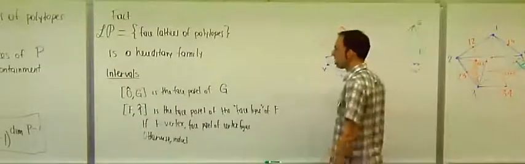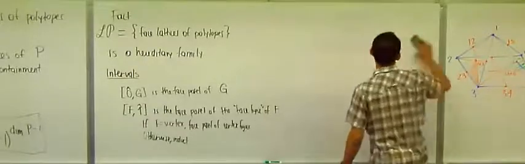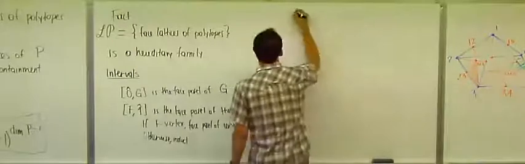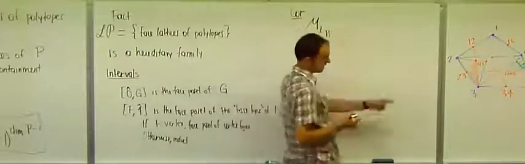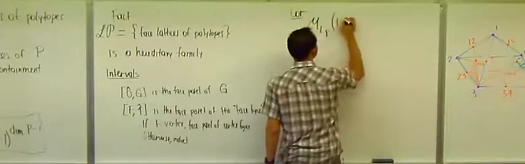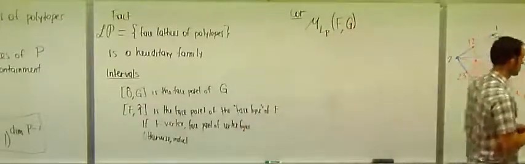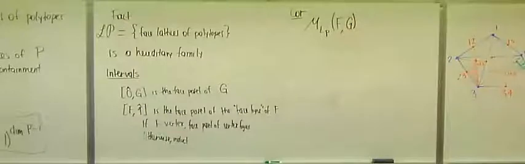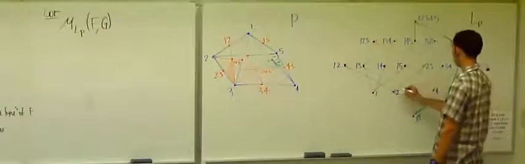Okay. And by the way, a corollary of this is that if you are in this lattice of flats and you want to compute the Mobius function from F to G for any F and G, so maybe F is here, maybe G is here, what is the Mobius number from F to G? Well, you just have to look at the interval from F to G, and that's going to be this interval right here. It's this square.